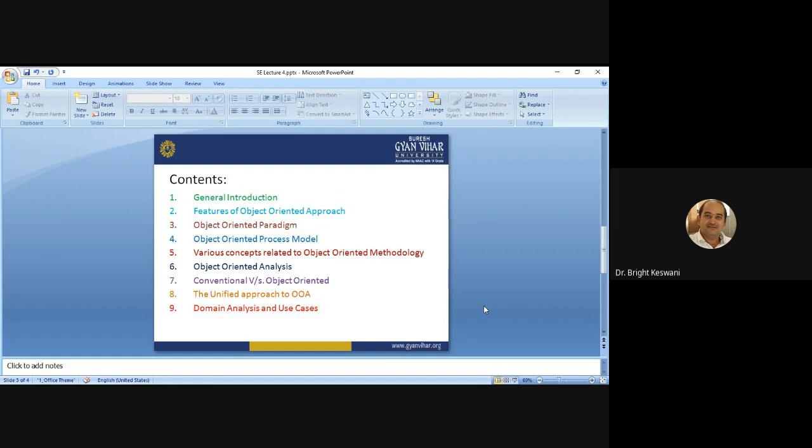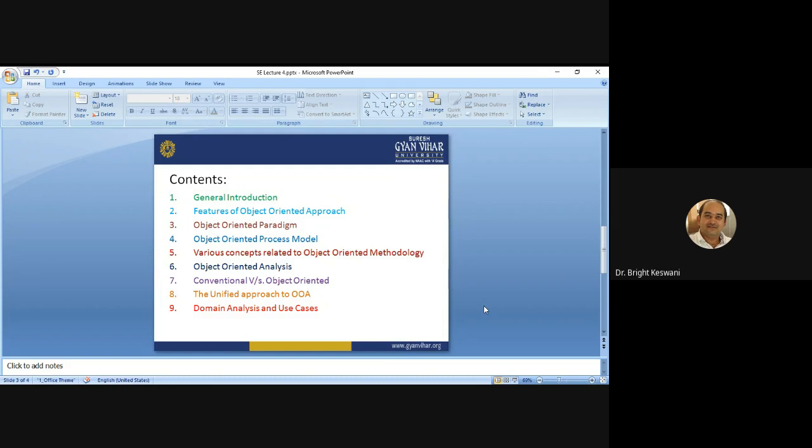And UML represents five different views, as I elaborated. First is the structural model view, which relates to static structure, like classes, objects and relationships. They are modeled in the structural model view.